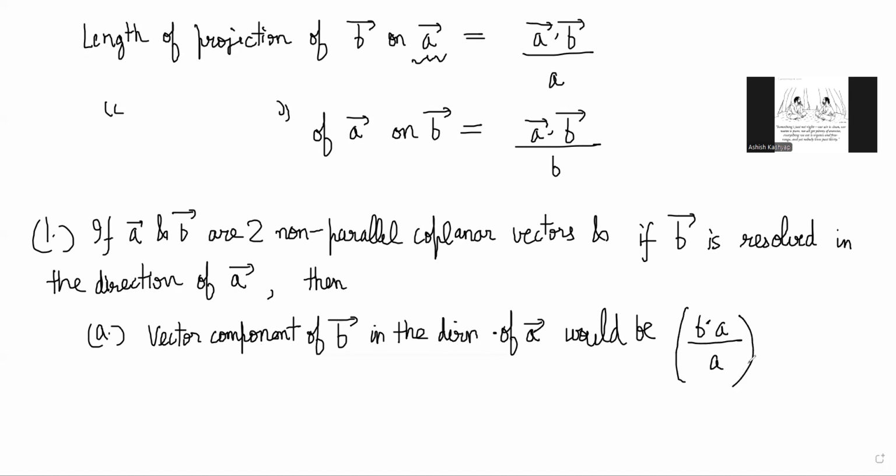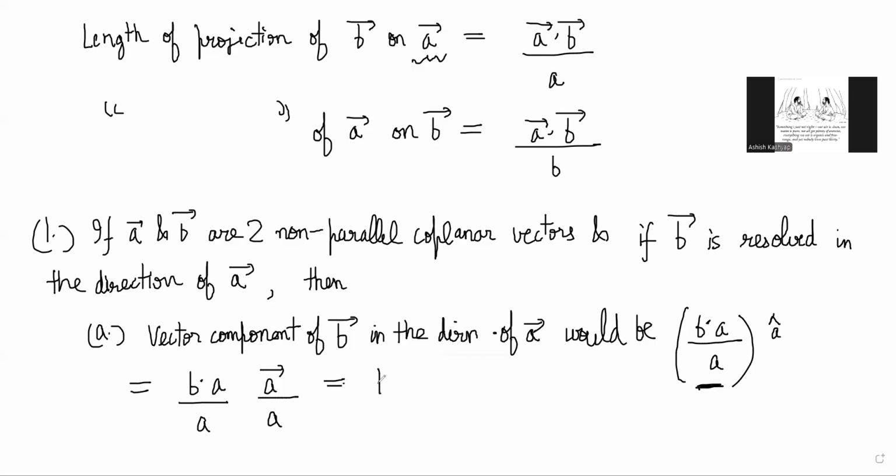This is the projection, and then the A unit vector, right? So this is the length of the projection of B in the direction of A, and this is the direction of the A unit vector. This can also be written as B dot A by A, and the A unit vector can be written as A vector by A, right?